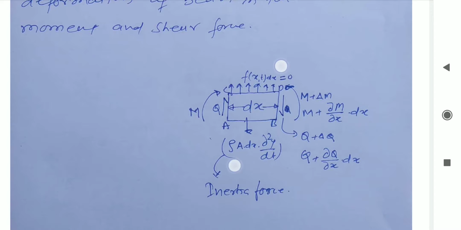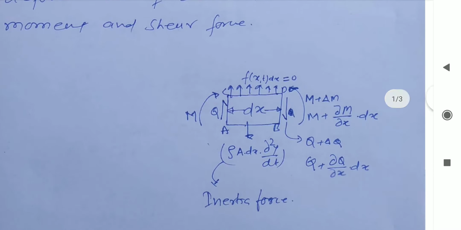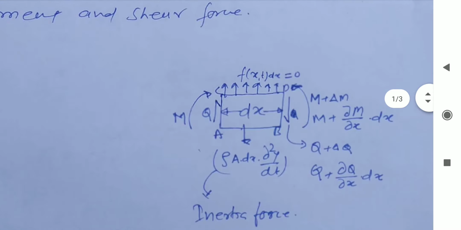So taking moment about A, the line of action of Q passes through A, so there is no change in distance, Q into 0. So Q is not responsible for any bending moment. But here Q plus delta Q is responsible for the bending moment, because delta x is the perpendicular distance of that shear force.